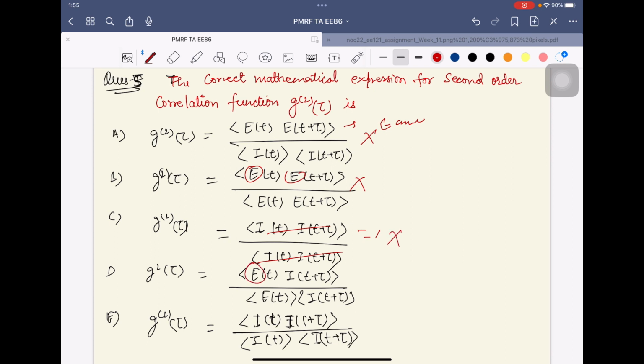And here E is also coming, the amplitude, so this is also wrong. So this will be your correct answer. So always this G2 is I(t) and I(t plus tau) divided by I(t) and I(t plus tau).